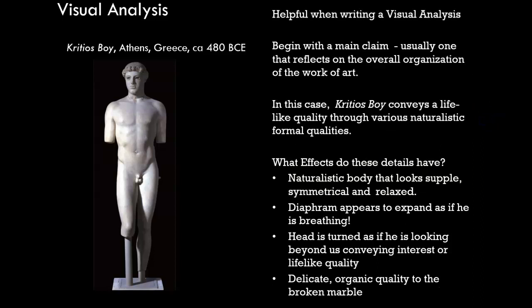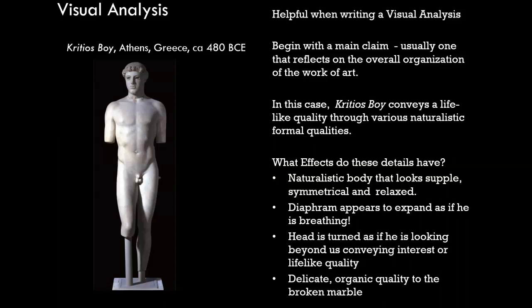Now, it is helpful when writing a visual analysis to begin with the main claim, usually one that reflects on the overall organization of the work. And in this case, I have decided that this Critias Boy conveys a lifelike quality through various naturalistic formal qualities. So this is basically my thesis statement.